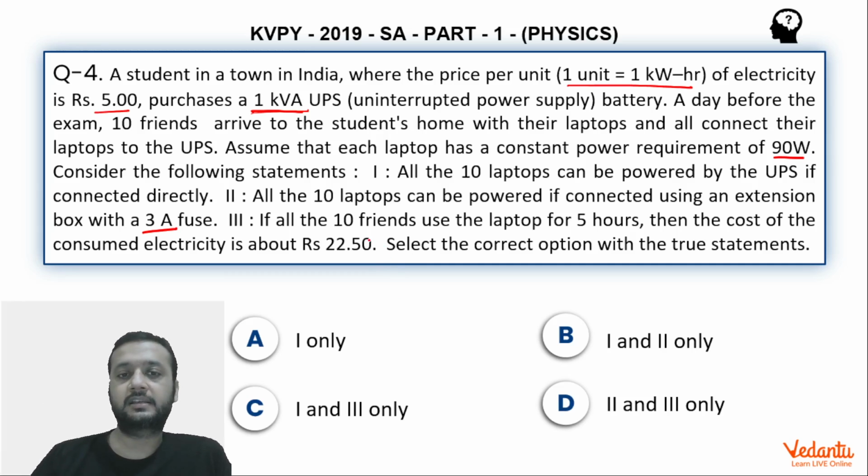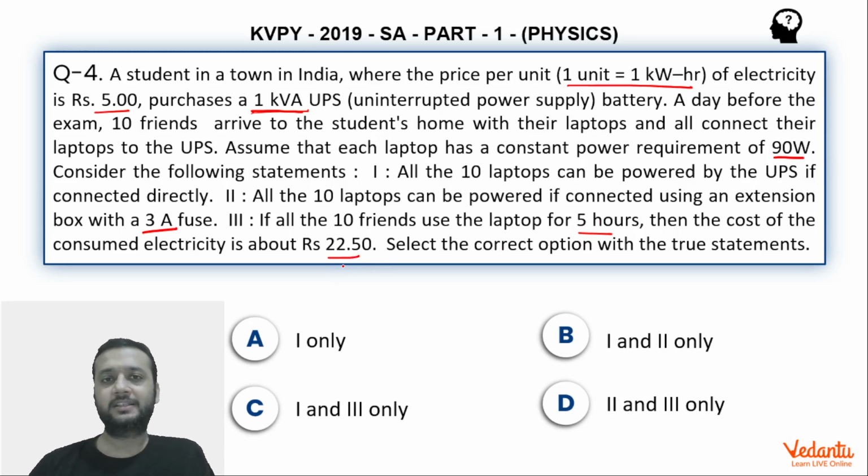And last is if 10 friends use the laptop for 5 hours, that means if there are 10 laptops, one each for a friend, and all of them use the laptop for 5 hours, then what is the price of electricity that they will have consumed? Okay, so we will have to see how many statements are correct. That is what we have to find.